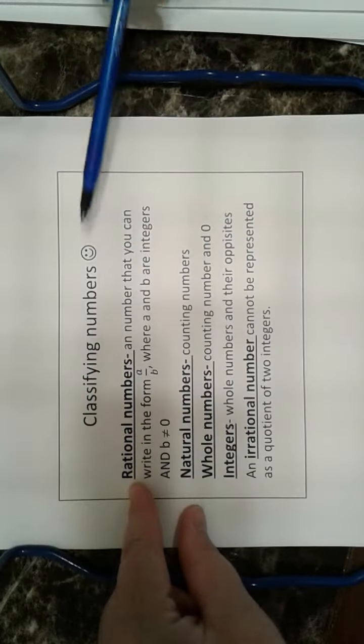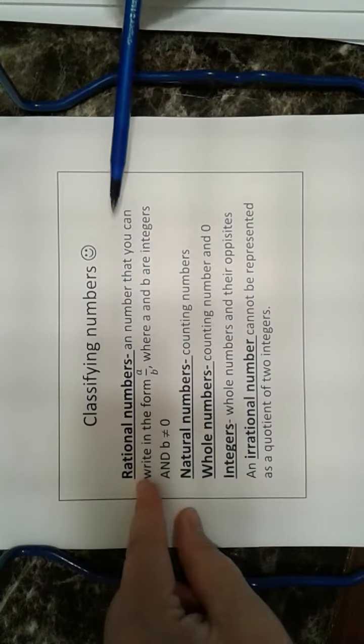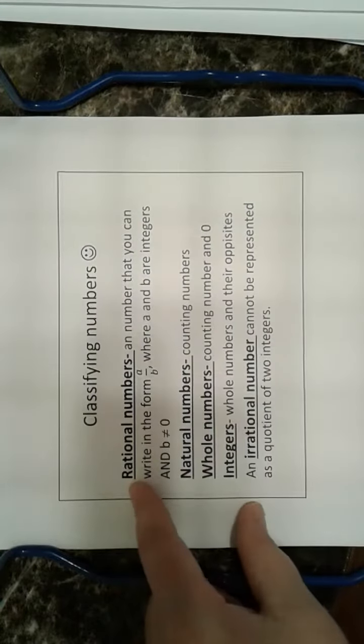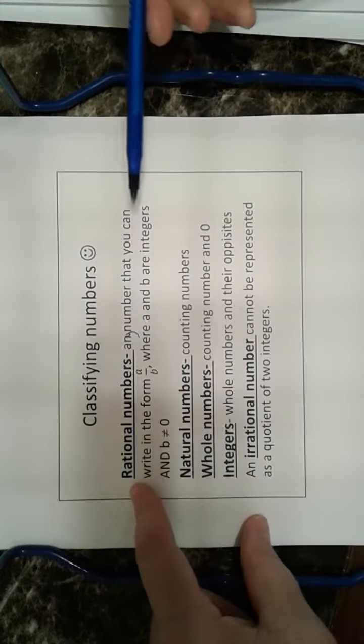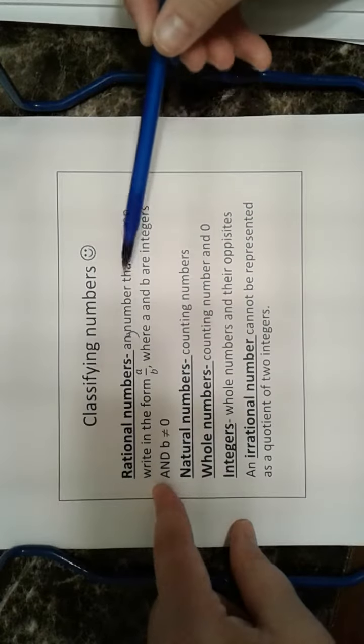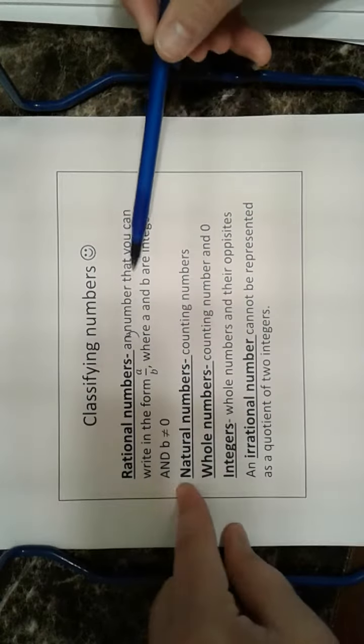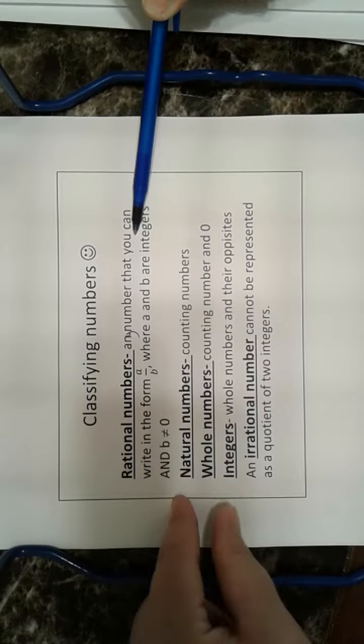So, a rational number is any number that you can write in the form of a over b, where a and b are integers, and b cannot be 0. Again, why can't b be 0?